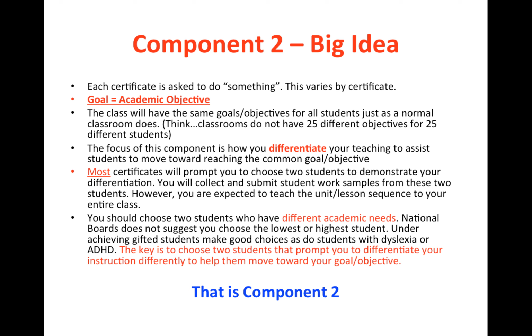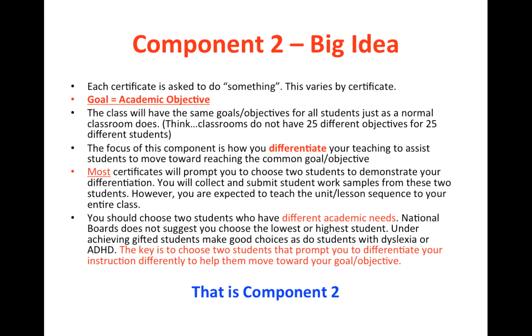We'll talk a little bit more about that in the future. The National Board does not suggest you choose your lowest or your highest students. I will tell you, underachieving gifted students make really good choices. Students with dyslexia, students with ADHD, and these may or may not be diagnosed. And you can't say that a child is ADHD just because you think they are.